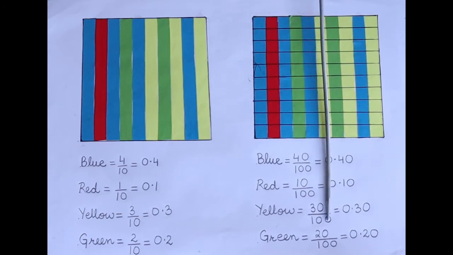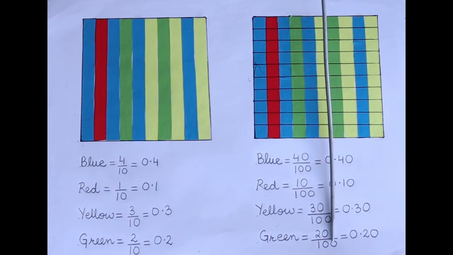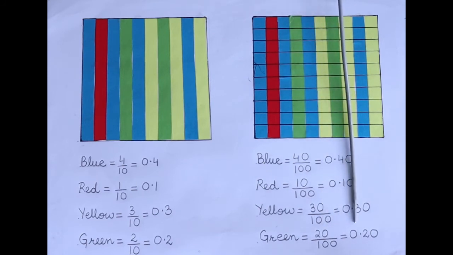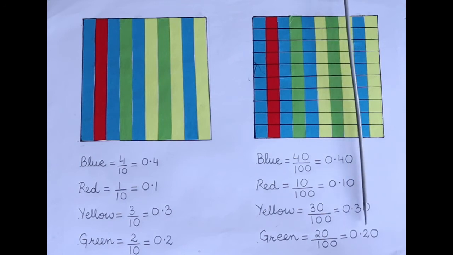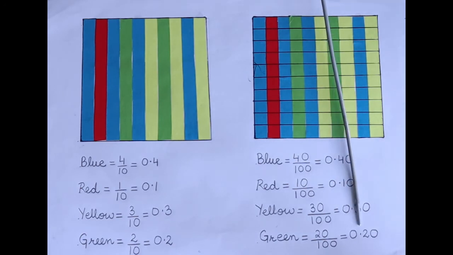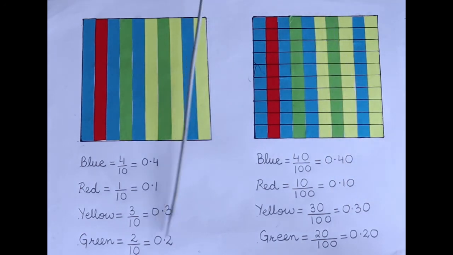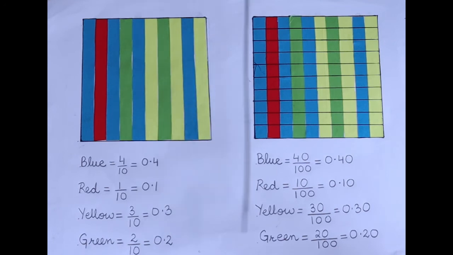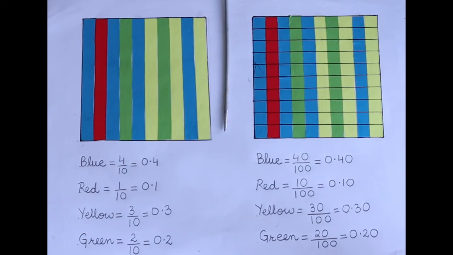So the fraction for green is 20 upon 100 and the decimal equivalent is 0.20. Now since the green portion in both the squares is the same, 0.2 is equal to 0.20. They are equivalent decimals. I will explain this further to you in a while.